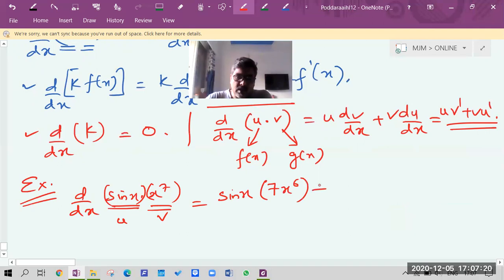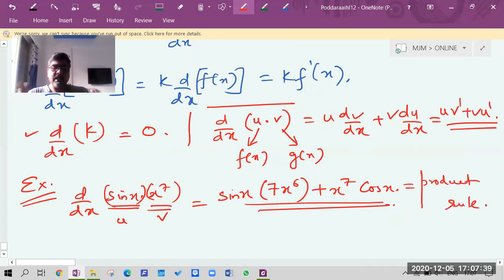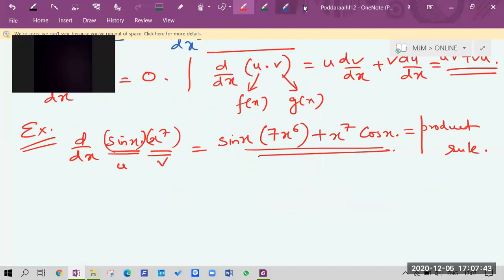Then further on, you take x raised to 7 as it is and differentiate sin x. So that will give you cos x. So that is your complete answer. That is basically what we say is your product rule. Product rule. Is that clearly understood? Yeah, sir.